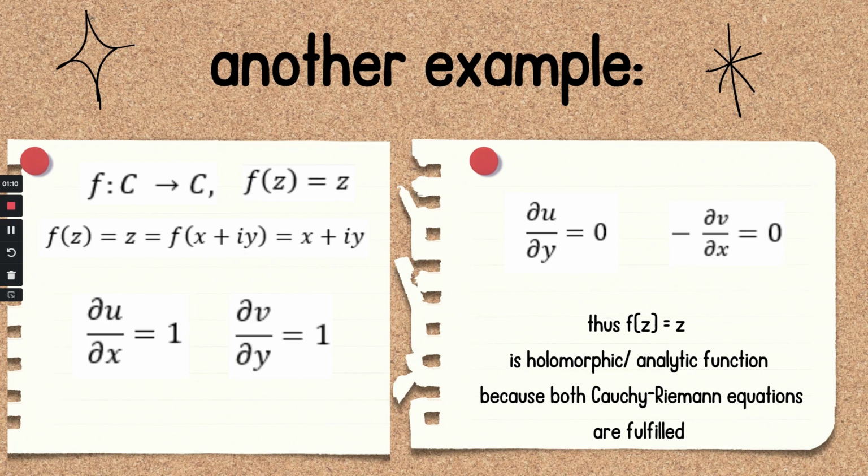Hence, we do this change on the left-hand side and on the right-hand side. And then you see the real part is our function u, and the imaginary part is our function v. Now, we just want to check if the Cauchy-Riemann equations are satisfied.